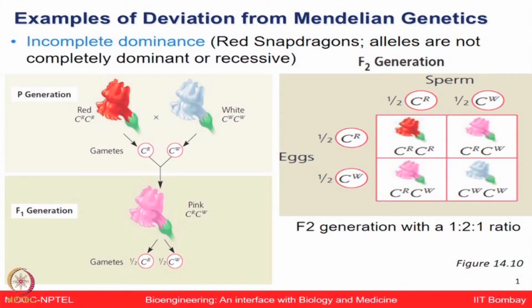If you have done the cross of the red flower versus white flower, and then crossed the pink flowers of the F1 generation again in the F2 generation, you have sperm and eggs from these two, RW, and you are doing the cross. One red, one white and two pink flowers were generated. The phenotypic ratio here becomes 1:2:1.